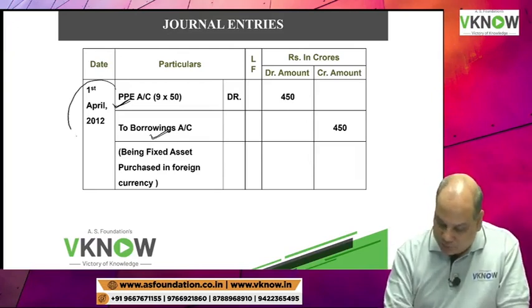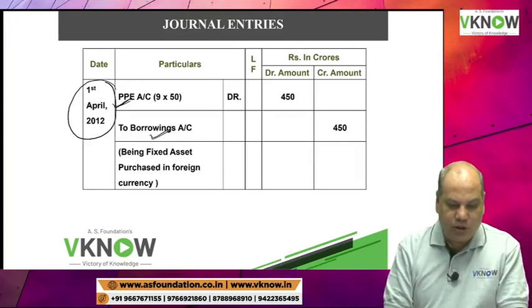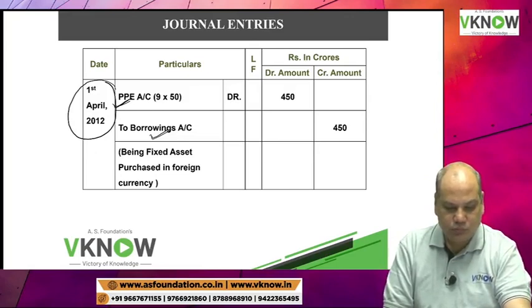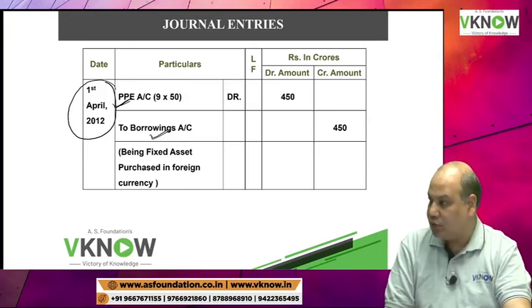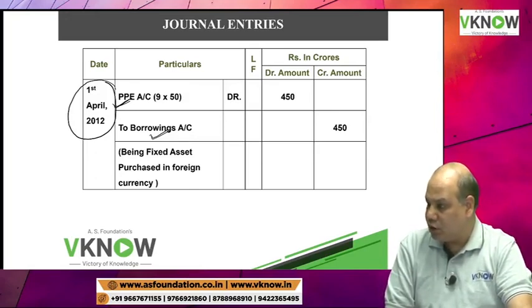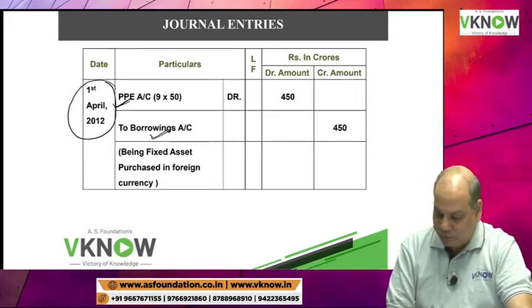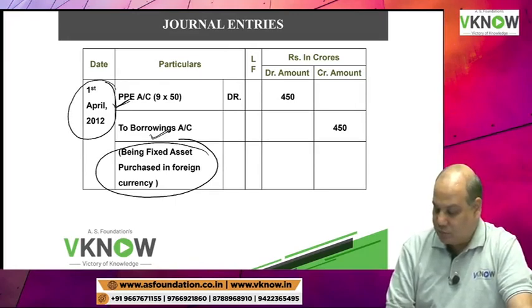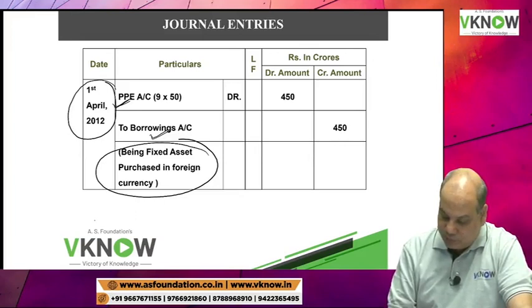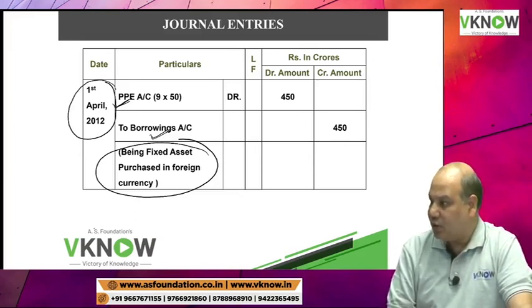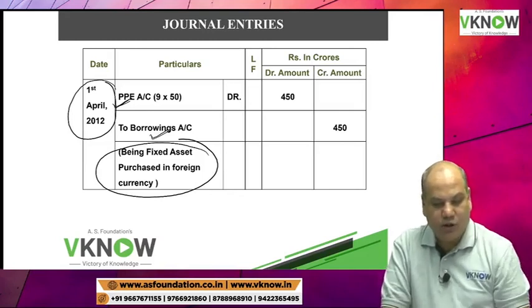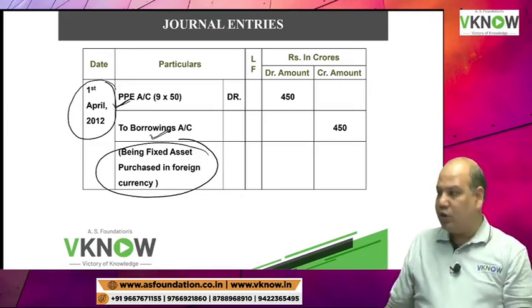So the entry on 1st April 2012 will be PPE account debit to borrowing account, 450, being fixed asset acquired by borrowing amount in foreign currency.